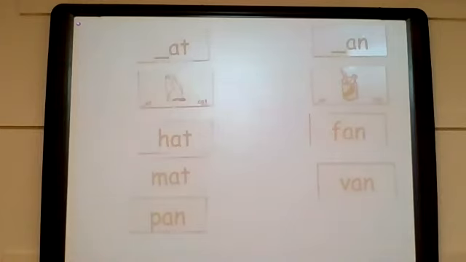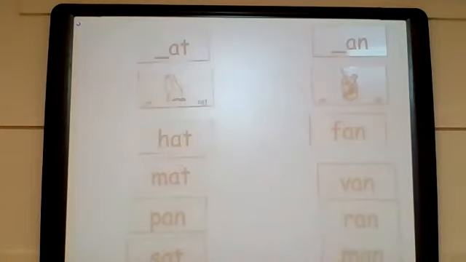So maybe we don't jump in right away and have them correct themselves. We want to see if they can correct themselves. And so then they sort ran under can, and then sat under cat, and then man under can.